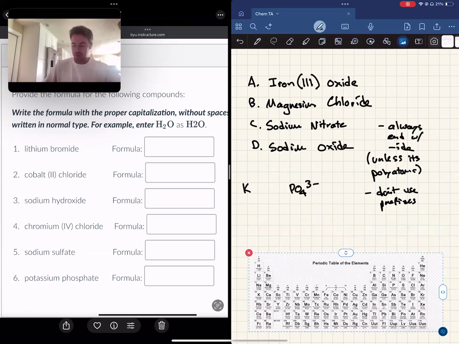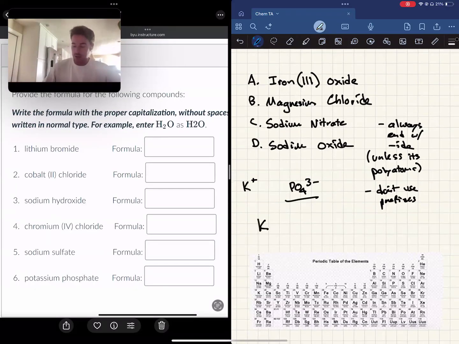Okay, that's phosphate. So potassium has a +1 charge because when it's ionized, it'll have a +1 charge. So how many potassiums do we need to balance out the charge with phosphate? We would need 3. So we would have K3, put this one in parentheses, PO4. Okay, potassium phosphate. That's what this would be.